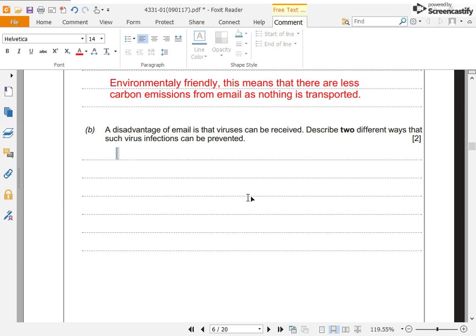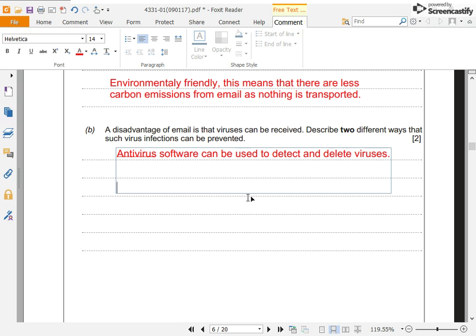Okay, so the obvious one is antivirus software. So antivirus software can be used to detect and delete viruses.